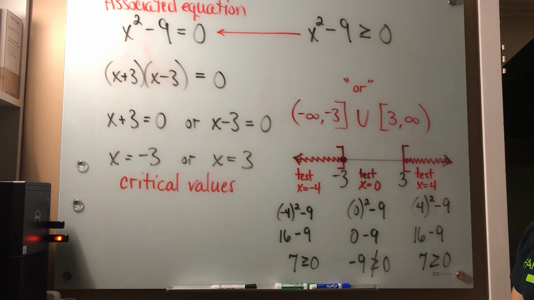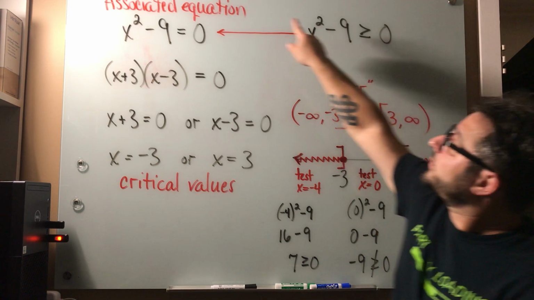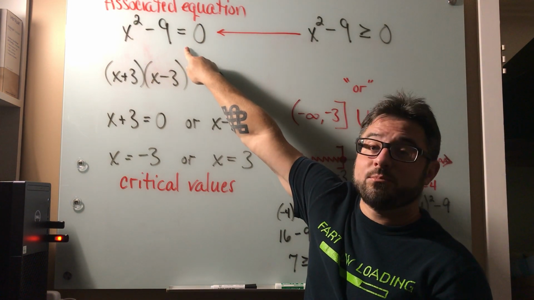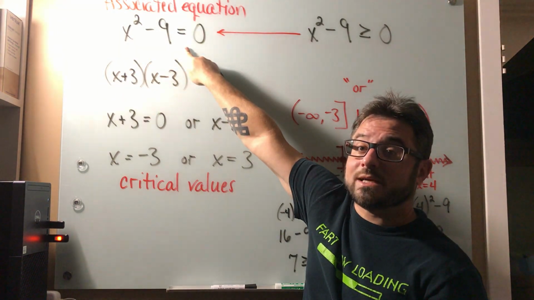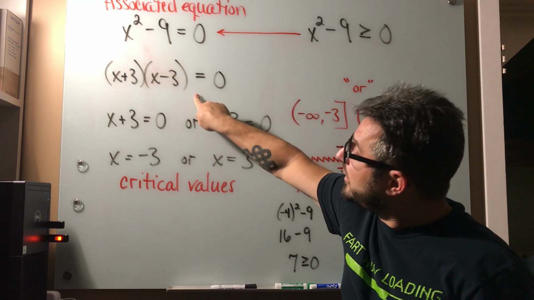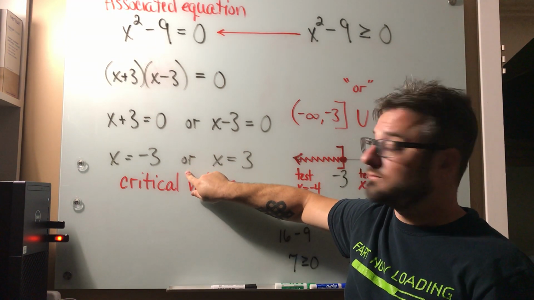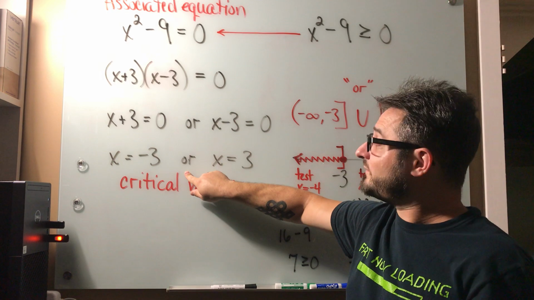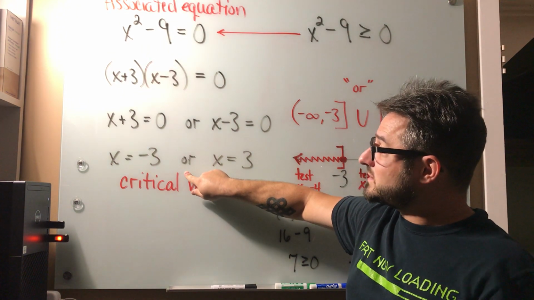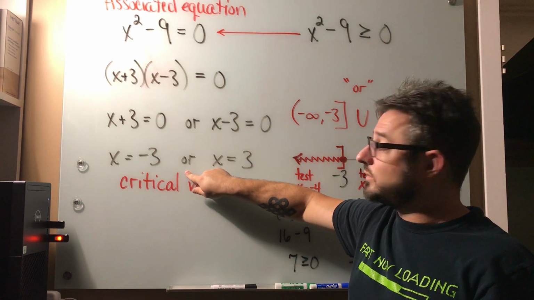So, to solve any nonlinear inequality, start with the associated equation. Simply rewrite it with an equal sign. Solve using our familiar equation solving rules, whatever they may be, whether it's solving by factoring, whether it's using a square root property or what have you.